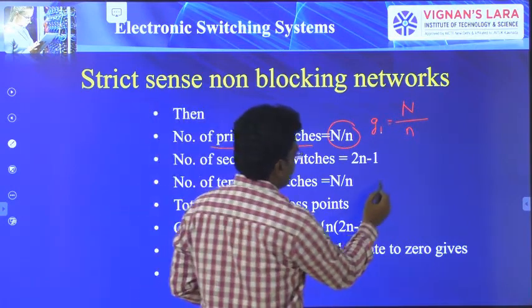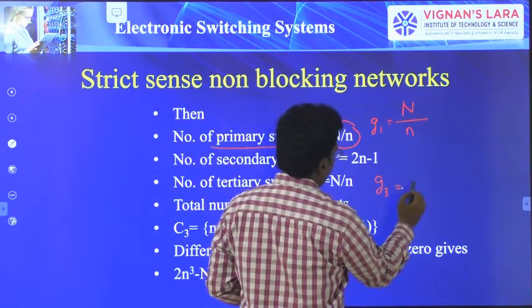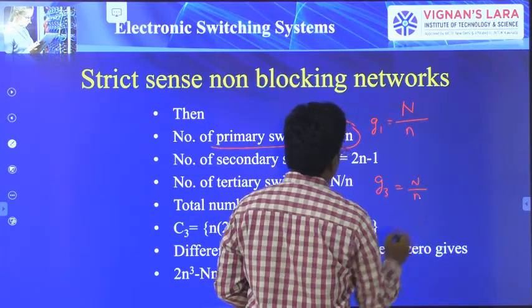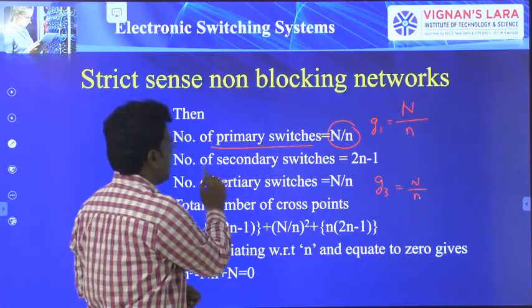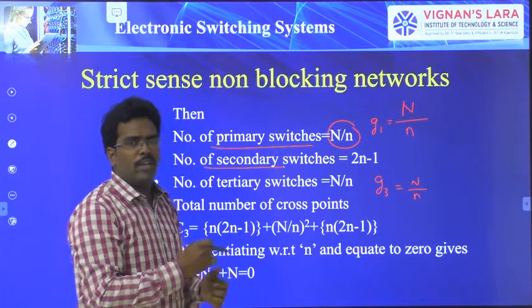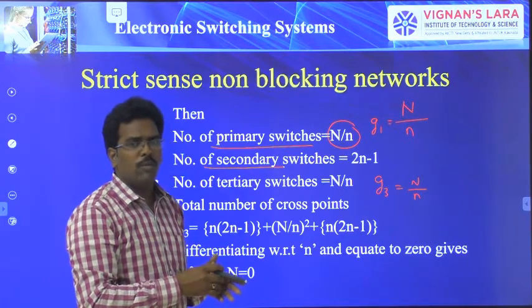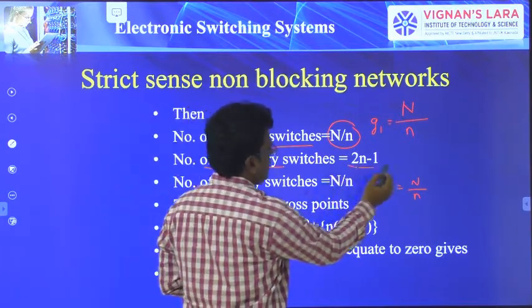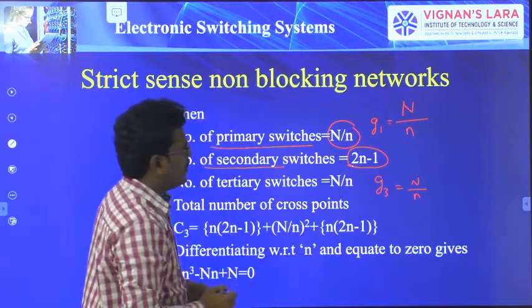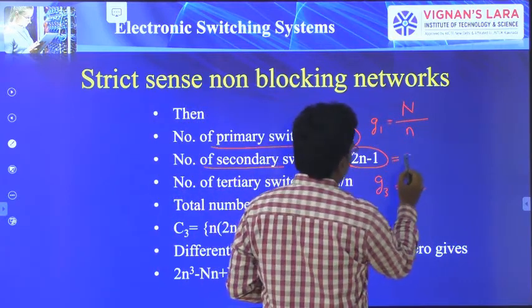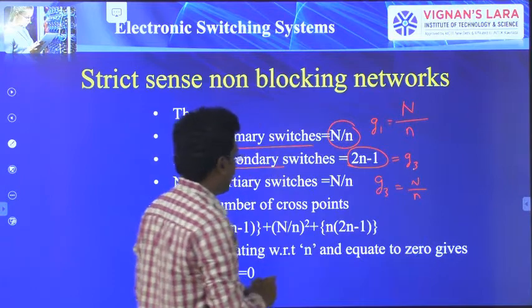Similarly, N3 is also the same: N3 is equal to N by n. What about the secondary switches? To make blocking into non-blocking, we use 2n minus 1 switches. So this is nothing but G3. G3 is equal to 2n minus 1.